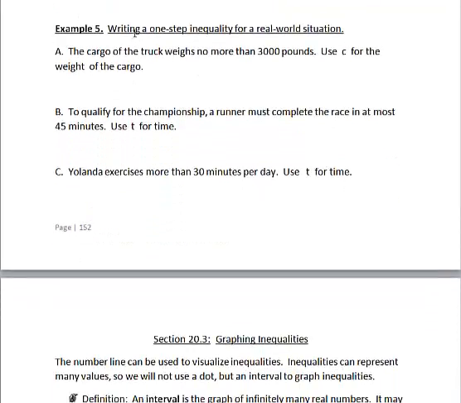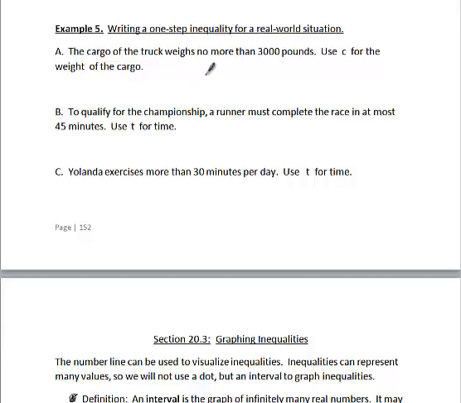Example 5 reads, we have an A, B, and a C part. We want to write a one-step inequality for a real-world situation. And so A reads, the cargo of a truck weighs no more than 3,000 pounds. Use C for the weight of the cargo.